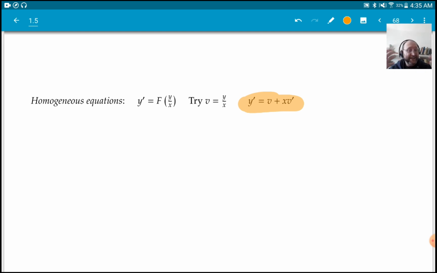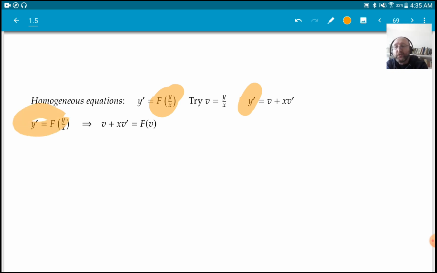If I differentiate the x, it becomes 1, so I get this v, plus x times the derivative of v. That's where that comes in. So now you know what y prime is. And whatever this function capital F is, I just plug in v into it.